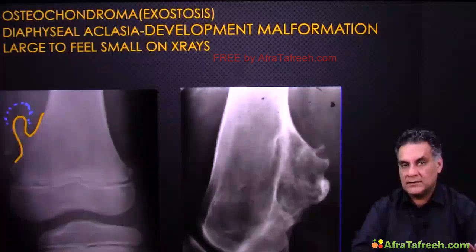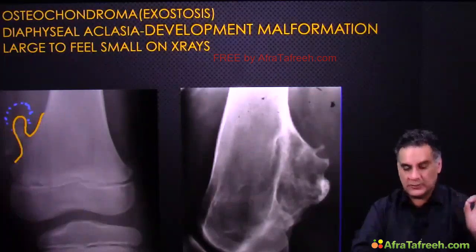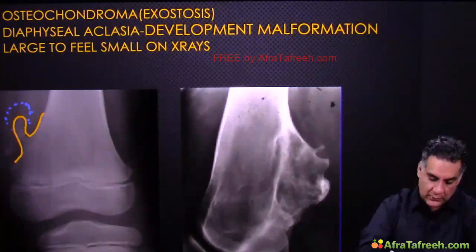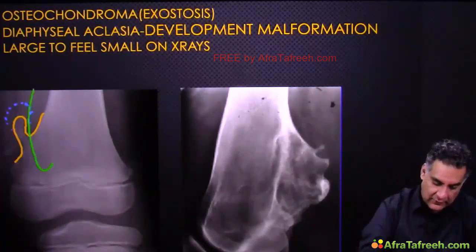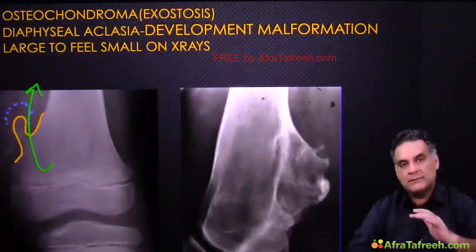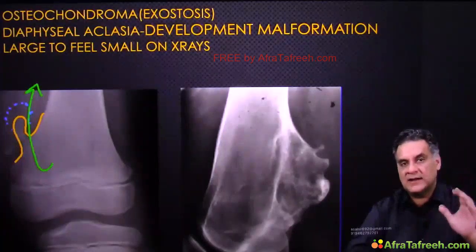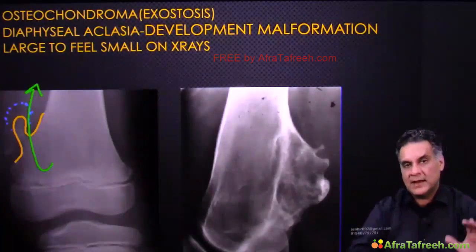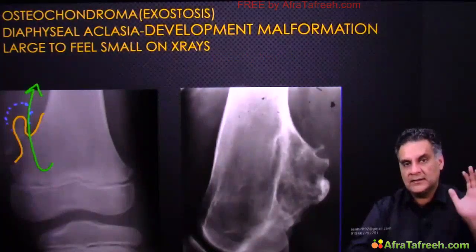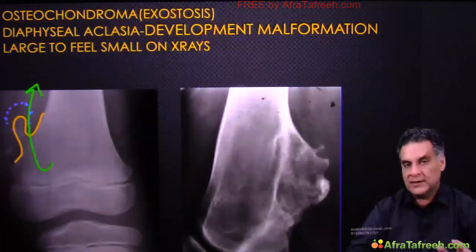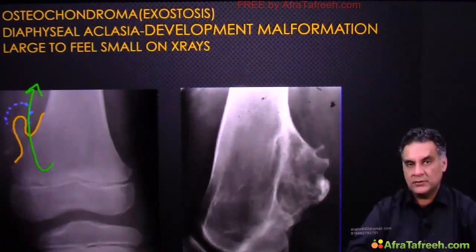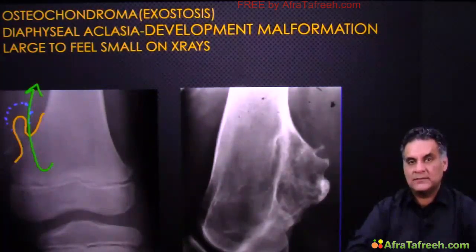They have a directional growth. They usually grow away from the joint. They keep on growing till skeletal maturity. At skeletal maturity, they stop growing. They are very commonly seen around the knee and around the shoulder. Osteochondromas, when they are multiple, are called exostosis.